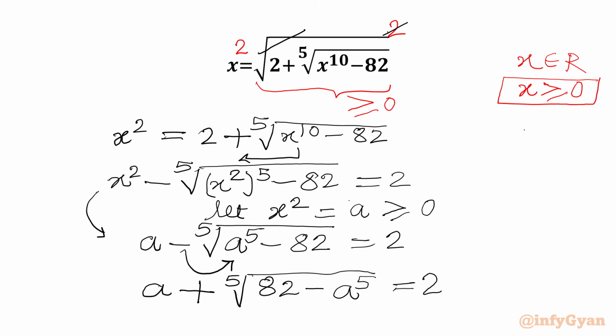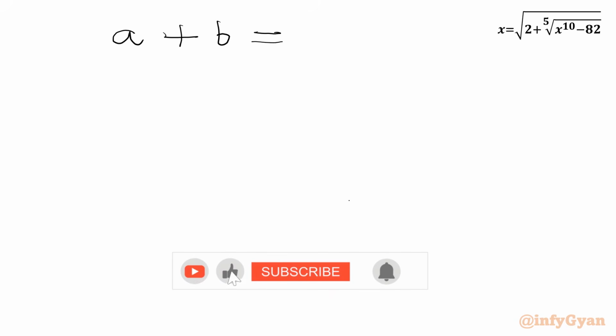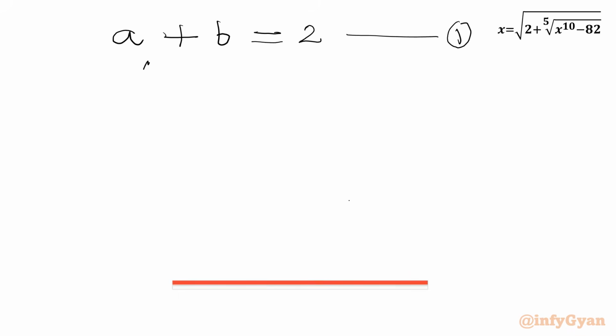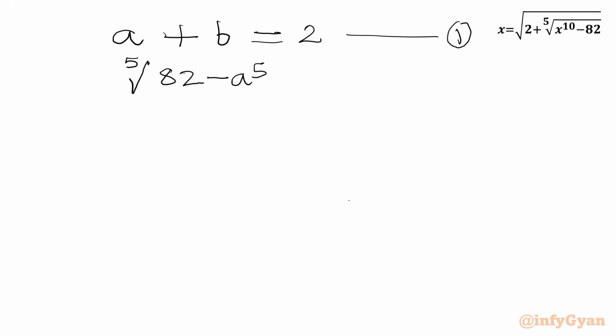Now let us assume fifth root of 82 minus a power 5 equal to b. So our equation will become a plus b equal to 2. Let's say this is our first equation. And our substitution is fifth root of 82 minus a power 5 equal to b. Now we will raise power 5 both sides.